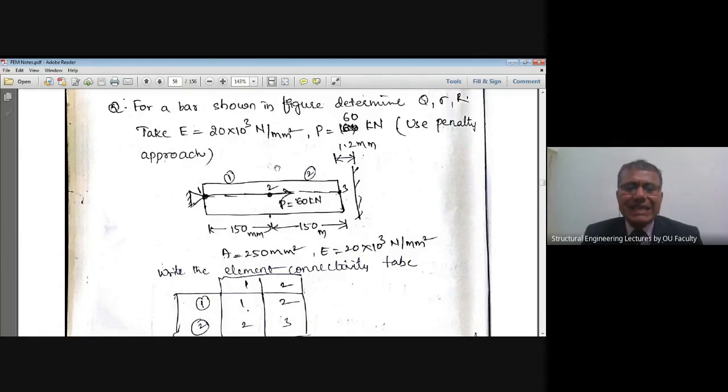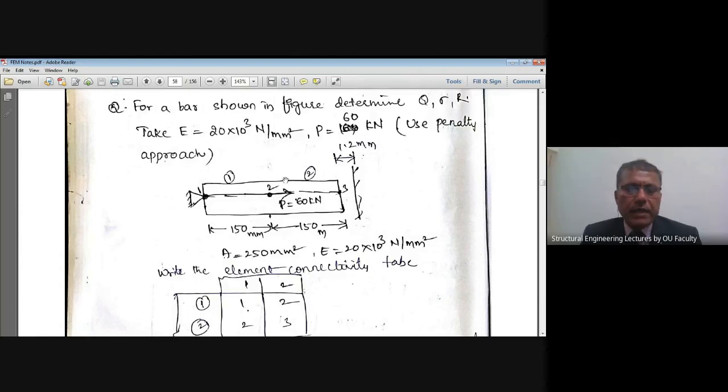Let us see the application of the penalty approach to specified boundary conditions with another numeric problem, where the displacements are specified like this. Now, let us examine this problem. For a bar as shown in the figure, determine the nodal displacements, evaluate the stresses, and evaluate the reaction forces, taking the Young's modulus as 20 to the power 3 Newton per mm square.